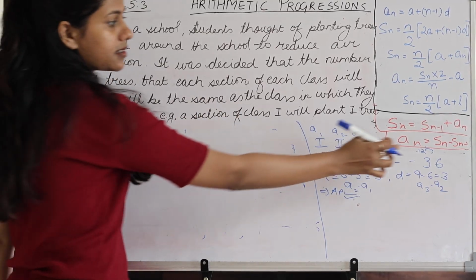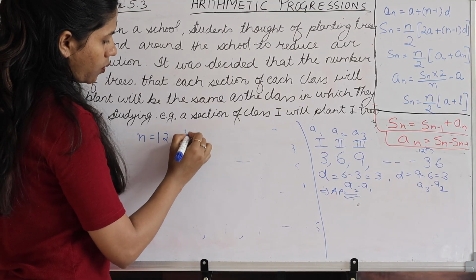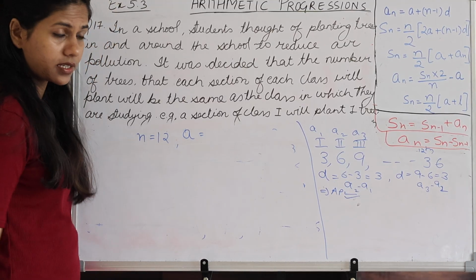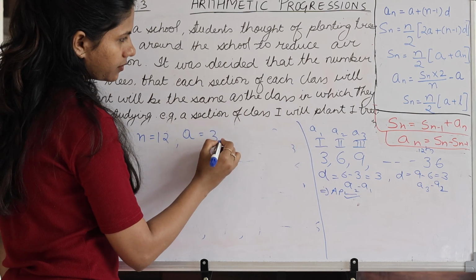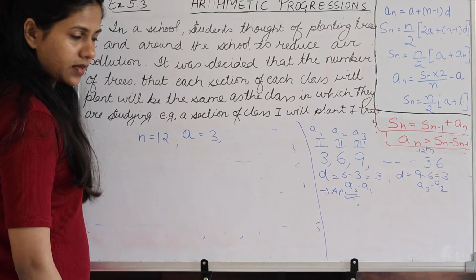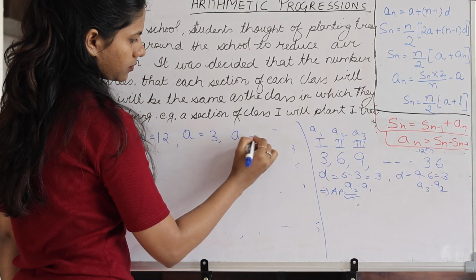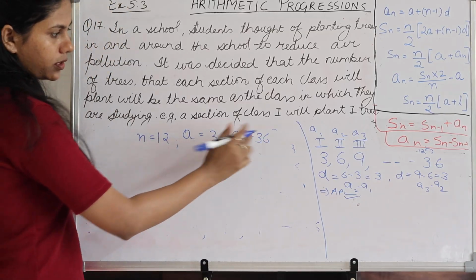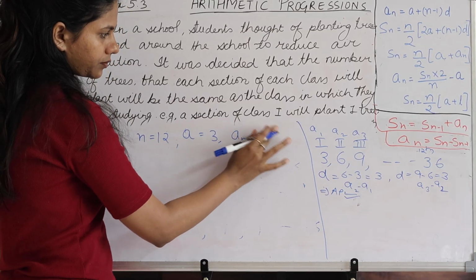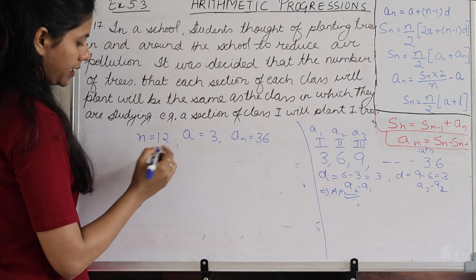This is the last term, so n is 12. What is a? The first term is 3. What is an, the nth term? We have 36. So we have all these 3 parameters, and we can use this one directly.